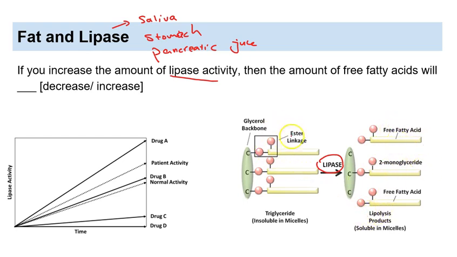So by breaking down the triglyceride, we are going to get fatty acids, which make our solution more acidic, right? We learned that before. And when we increase the amount of lipase activity, obviously we are going to get more free fatty acid.